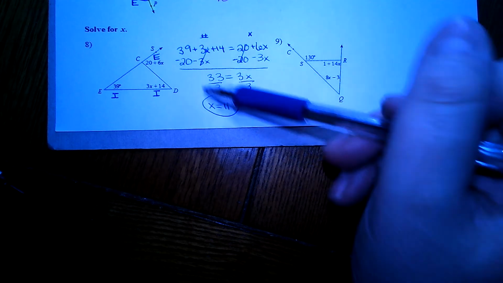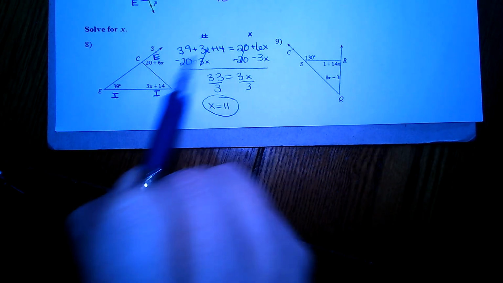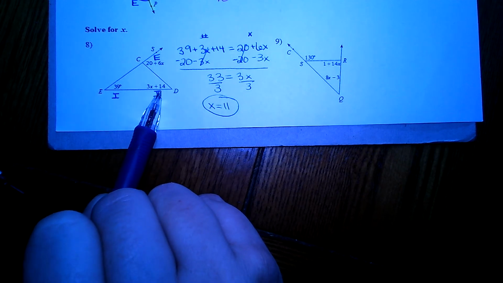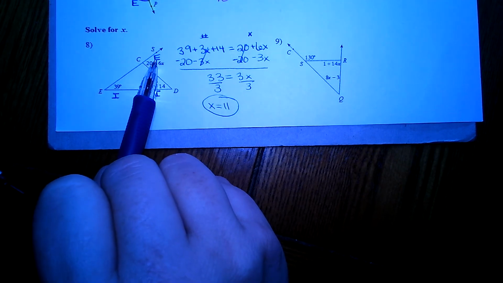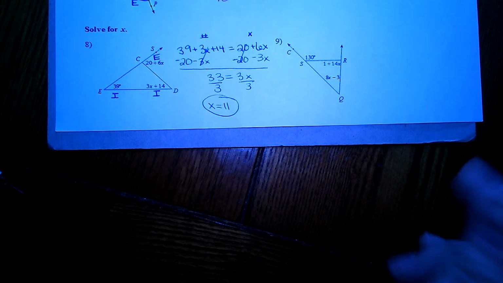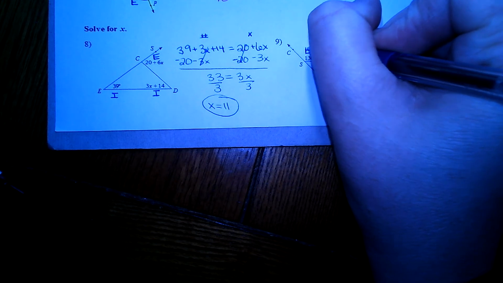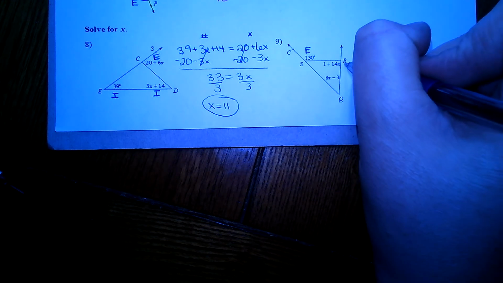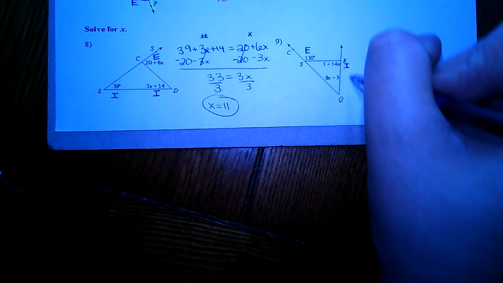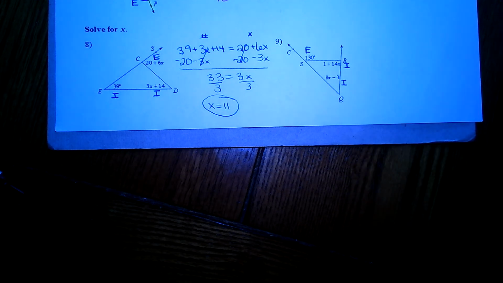High-level algebra there, high-level equation solving skills, but it all comes from the setup. The two interior angles sum to the exterior. One more to try. Here we go. 130 degrees is the exterior. These two pieces on the right at angle R and angle Q are the interior.